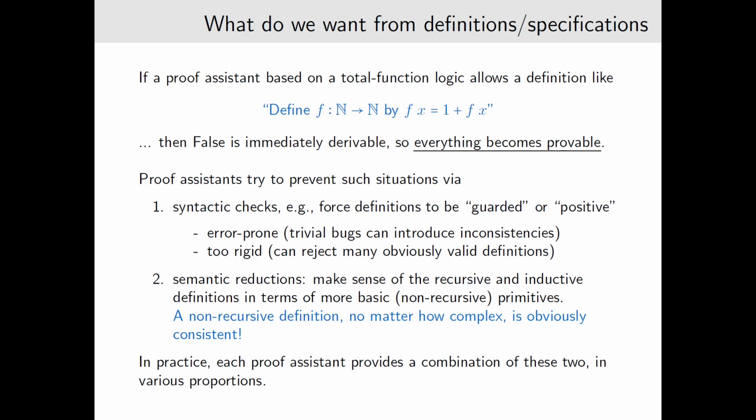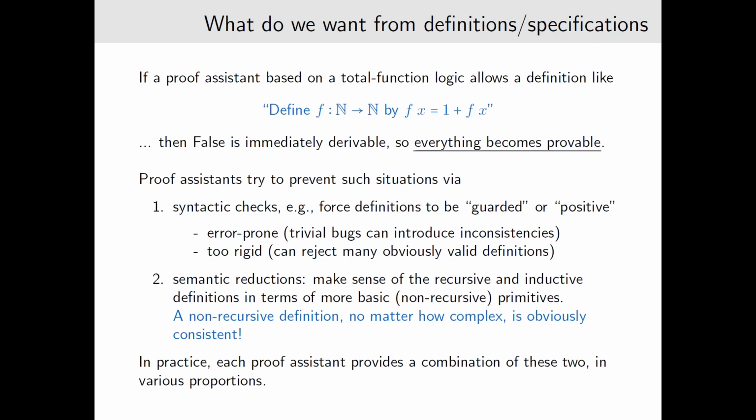And the semantic approach reduces the recursive and inductive definitions to, perhaps via a lot of work, perhaps the background definitions look actually uglier, but at least they are consistent. And in the end, you prove the desired high-level property. So this is a semantic approach. It's compiling any recursiveness and inductiveness into some kernel that does not contain any of these dangerous items.